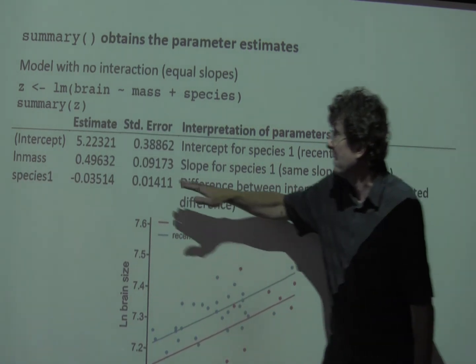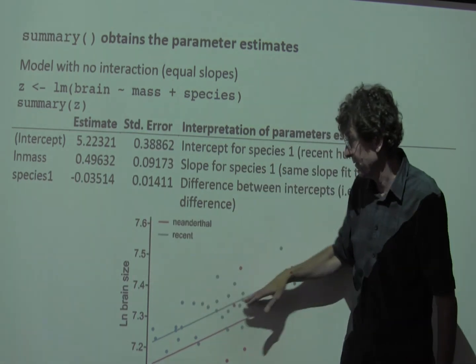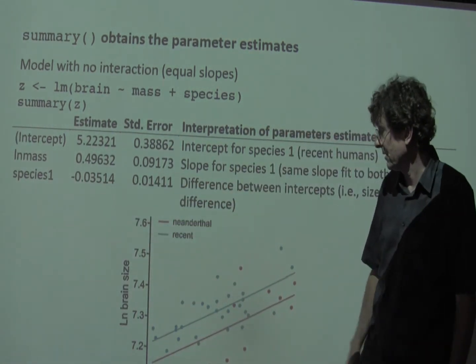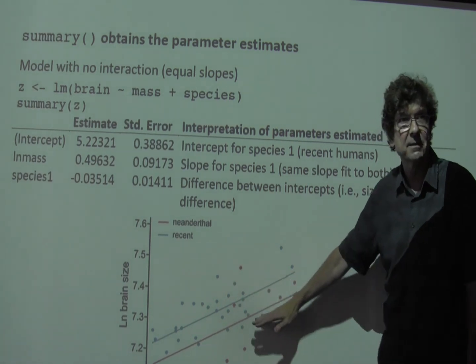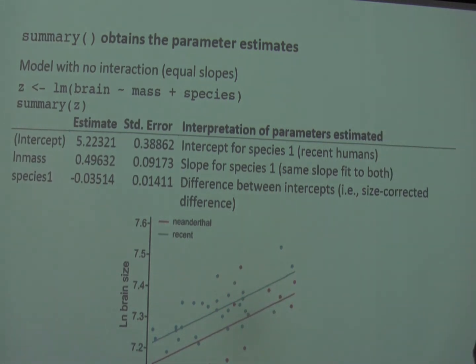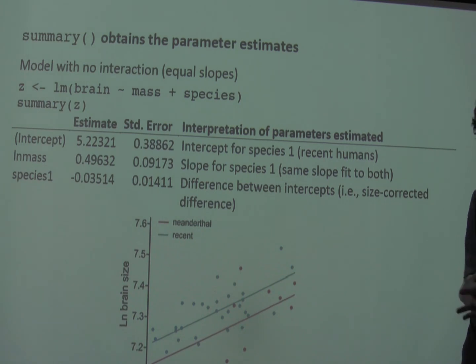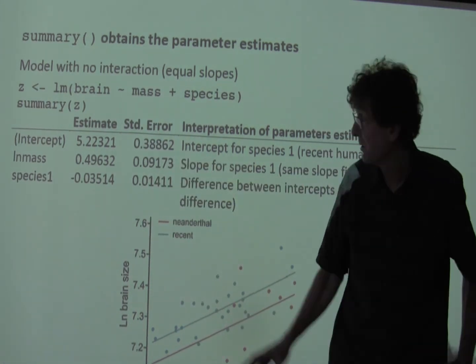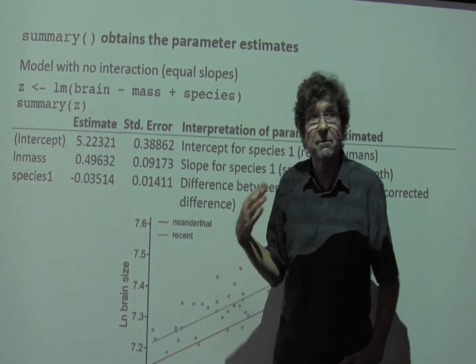And the log mass is the slope of the common line, and then the last coefficient is the difference between the intercepts of those two lines. So again, you have to write out all the dummies in order to figure out exactly what those terms mean. But the one you're mostly interested in is this one, which is the difference between the two.